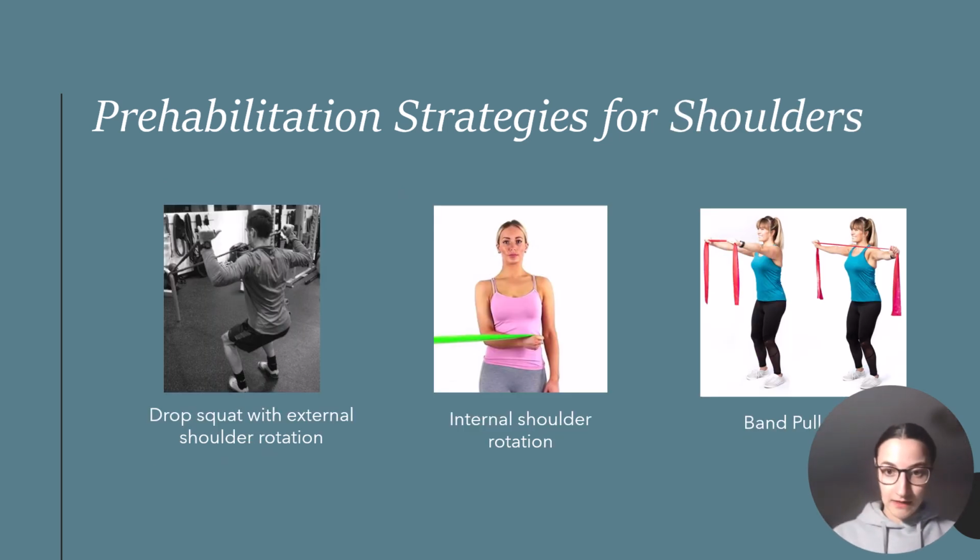All right, same thing here, but for the shoulders, you could have the athletes do drop squat with an external shoulder rotation, internal shoulder rotation, and band pull aparts. You could do weights here, such as cable machines, but with the band, it allows the athletes to do as much as they feel is fit.